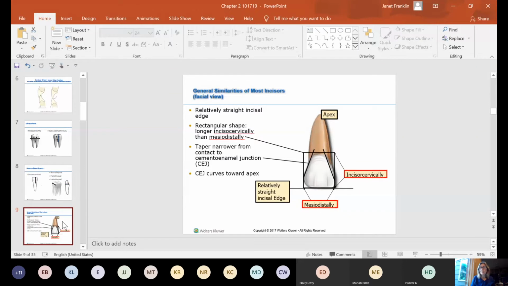I marked the apex of the root. The CEJ arcs upward toward the apex. If you were to take your instrument and follow the CEJ around the crown of the tooth, where the cementum and the enamel meet, it curves upward toward the apex. It gives you that nice little arch that curves upward.